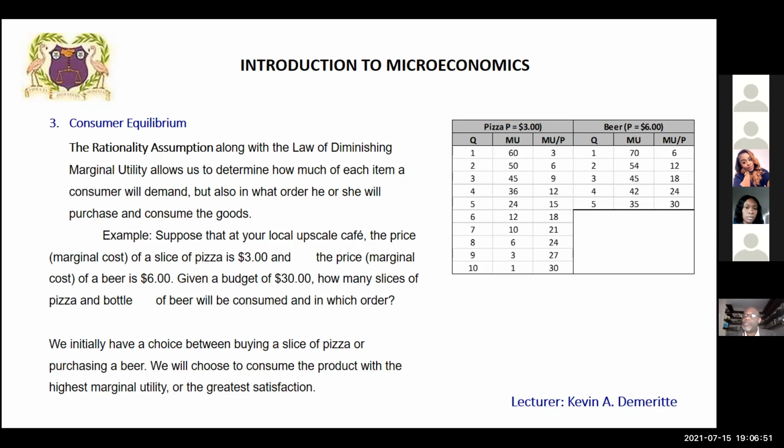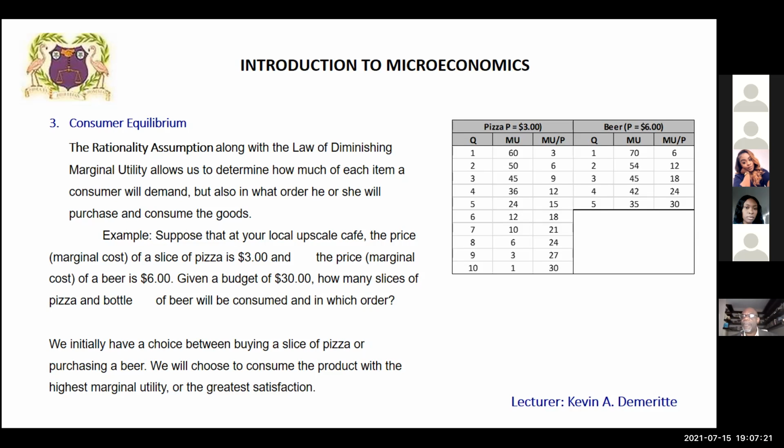The extra satisfaction if you consume a second slice of pizza is not as much as the first slice. So every extra slice of pizza that you purchase and consume, you get less and less enjoyment from it.